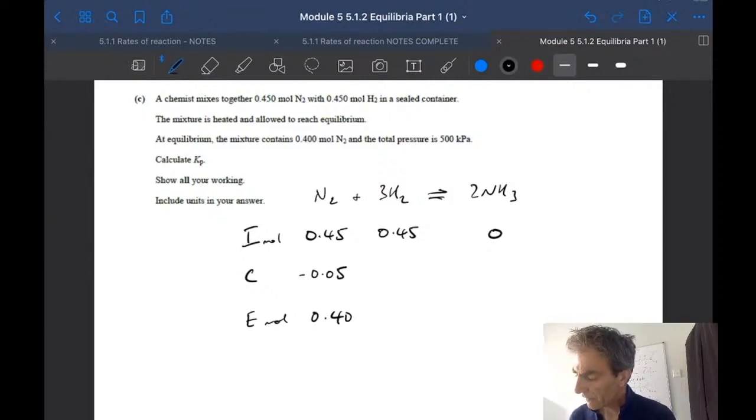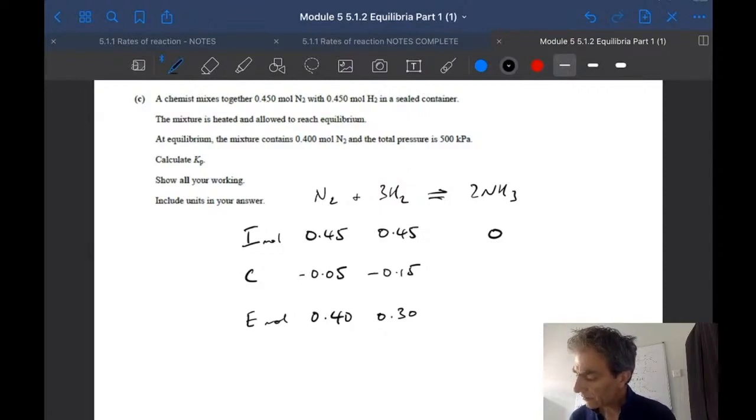Okay, so now we can factor in the mole ratio. So for every mole of nitrogen that reacts, 3 times as many moles of hydrogen is going to react. So that's going to drop by 0.05 times 3, which is 0.15. So that means that at equilibrium there's going to be 0.3 left over, because it started with 0.45 and it goes down by 0.15.